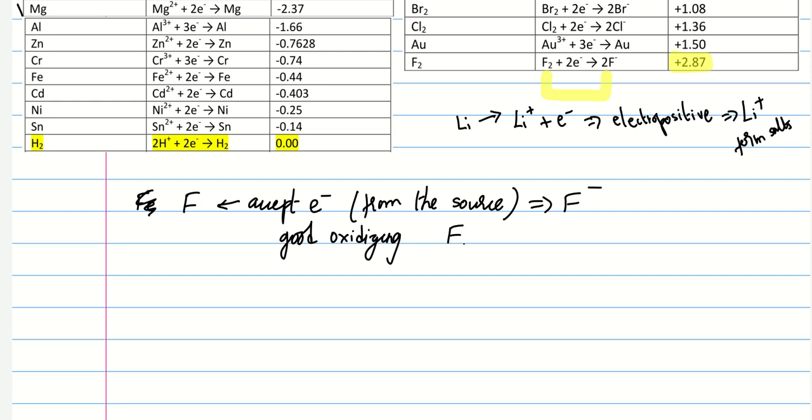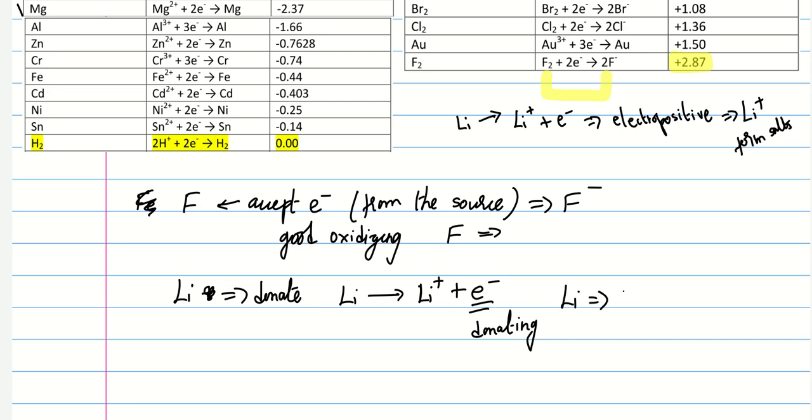So fluorine is one of the best oxidizing agents known. On the other hand, lithium has a tendency to donate electrons and form lithium plus. Since it is donating its electron, we say that lithium has the highest tendency to act as a reducing agent.